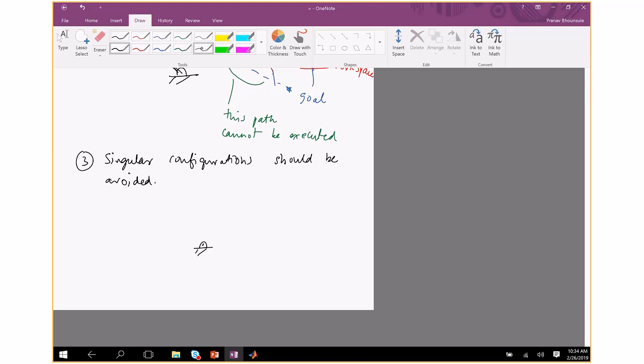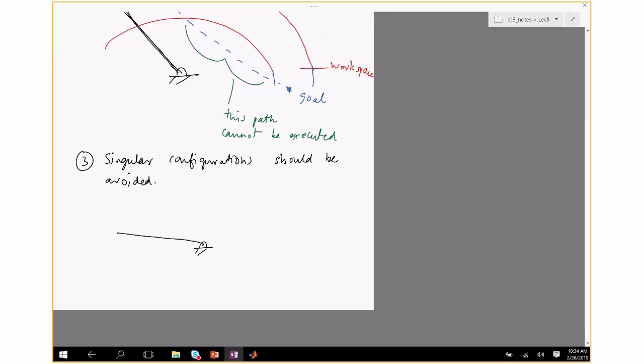Okay, so it's a two-link manipulator. Starts over here, B. Oh, sorry, that's the end point. A is the start, this is the goal, and the path is this way.